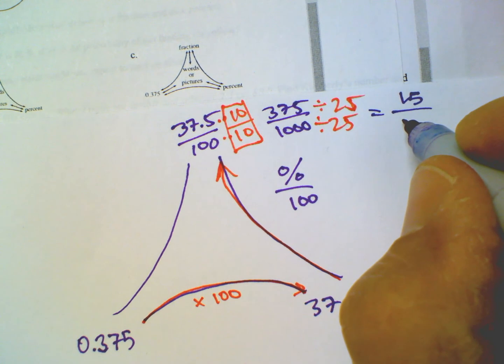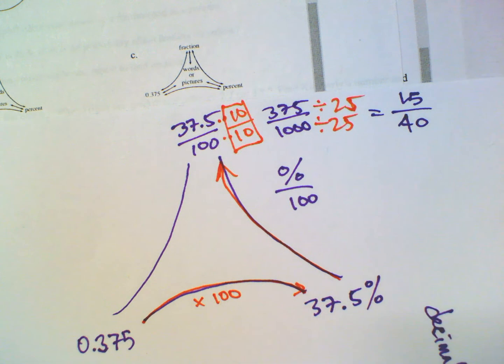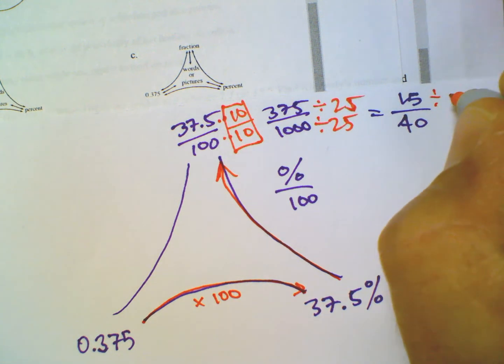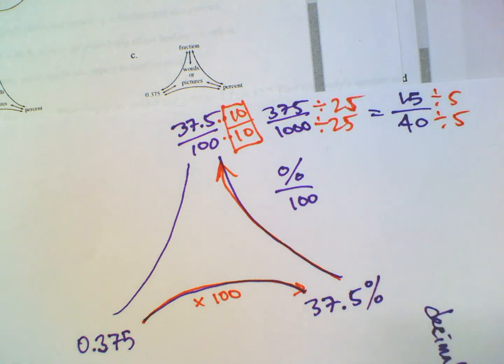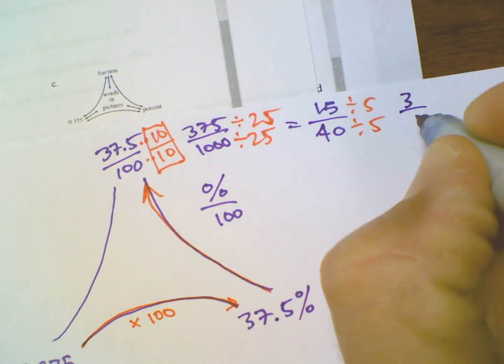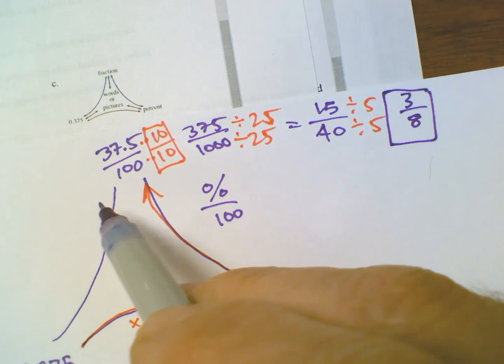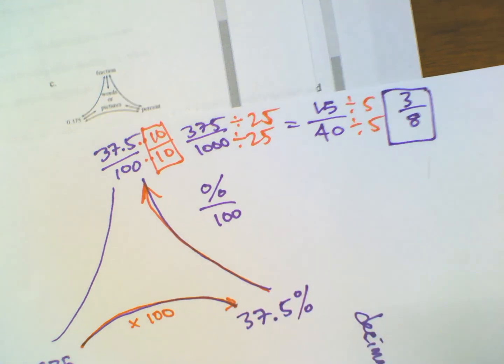Let's see, that's 4. Yeah, 40 times. And I can actually simplify that even further. I'm going to divide top and bottom by 5. And in this case, I'm going to get 3 over 8. So there's my fraction. That would go up here.